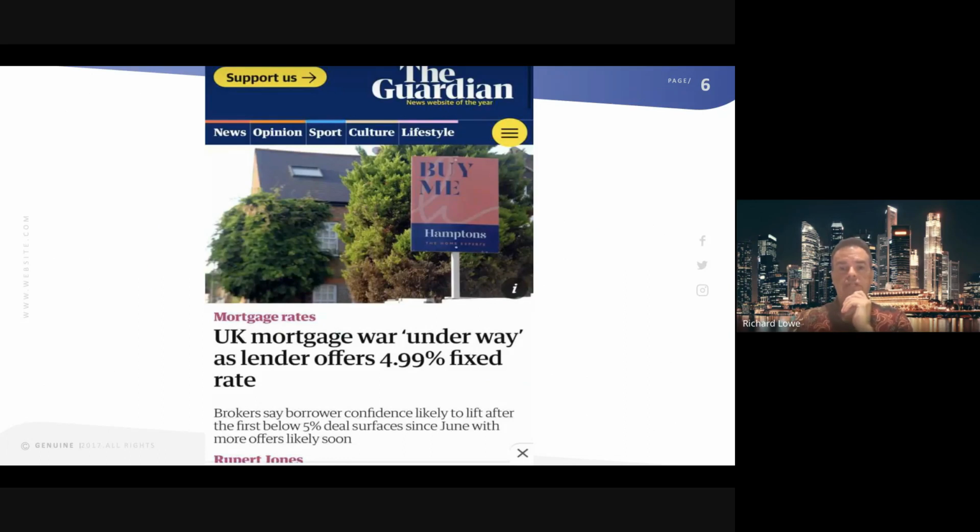So what we have started to see, though, in the last couple of months is that as the lenders feel that the Central Bank of England have probably reached pretty much their peak of increasing the base rate, and there's a little bit more stability, and they kind of see where the market's going, we are starting to see more lenders coming to the market, more lenders wanting to get more market share, and so more competition has created benefits for borrowers, whereby this rate was just released a little while ago at 4.99% fixed rate.